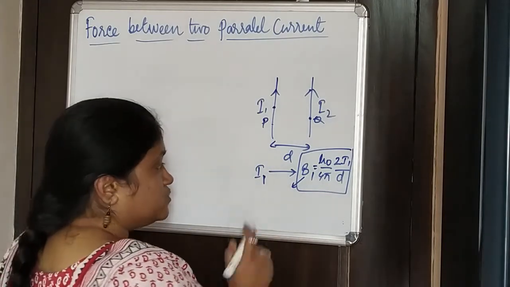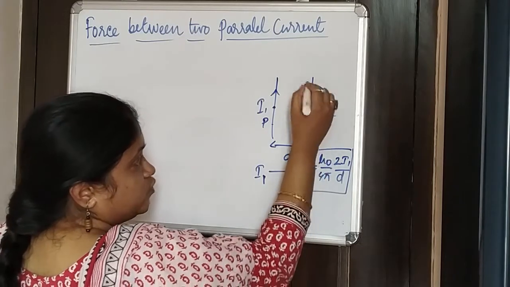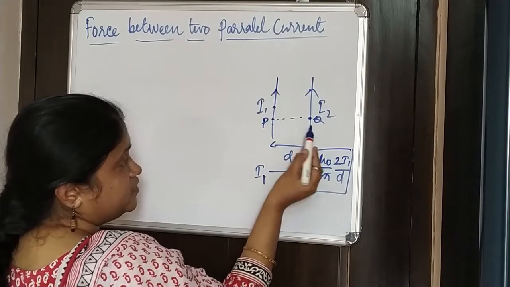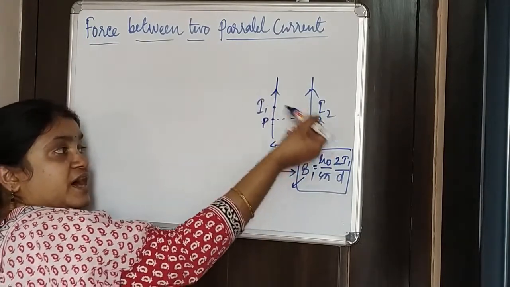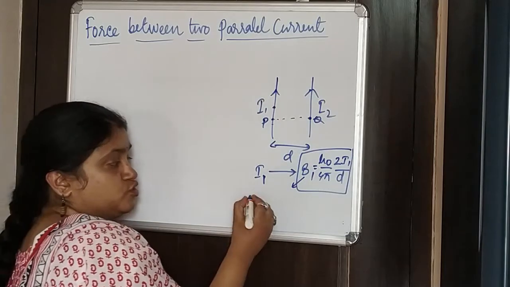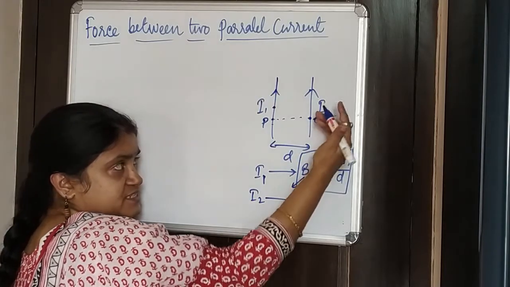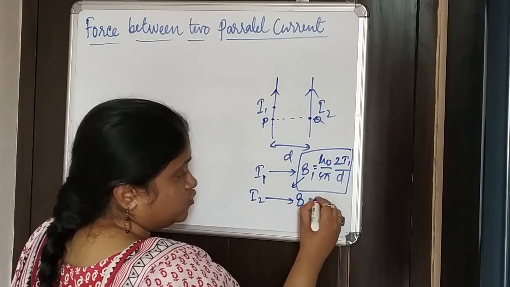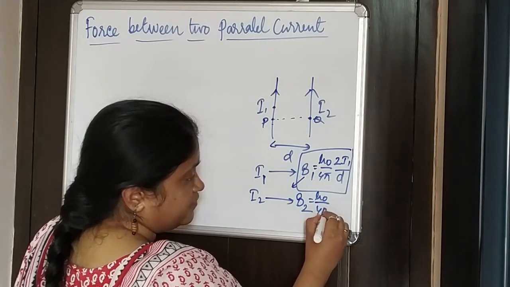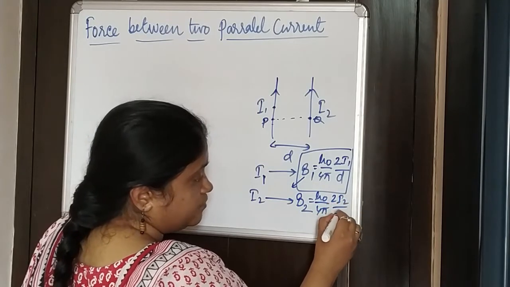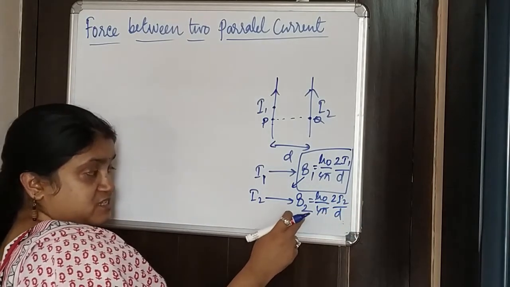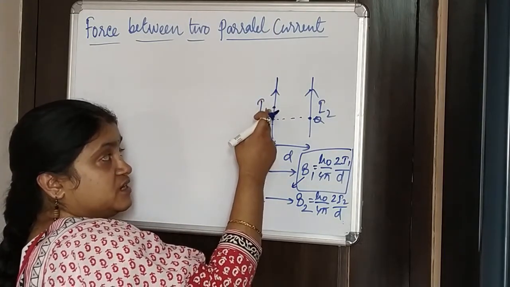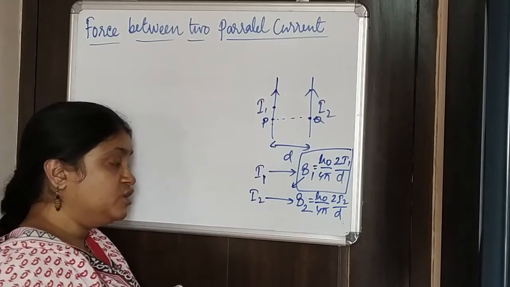Also, due to the current I2 at a distance D, at this point P, there will be a magnetic field B2, which is mu naught by 4 pi into 2 I2 by D. And this magnetic field is felt by the current I1.